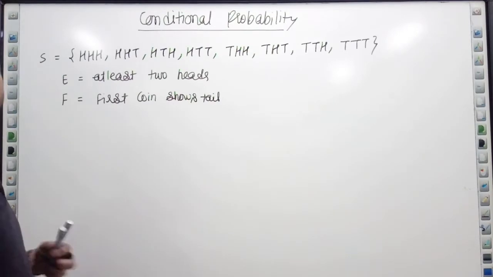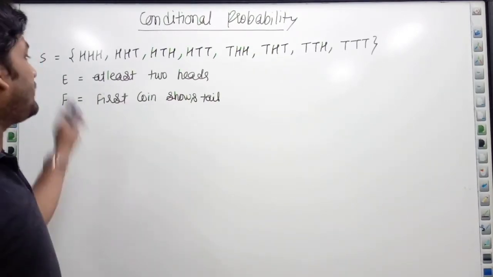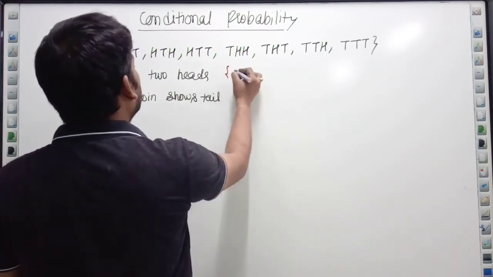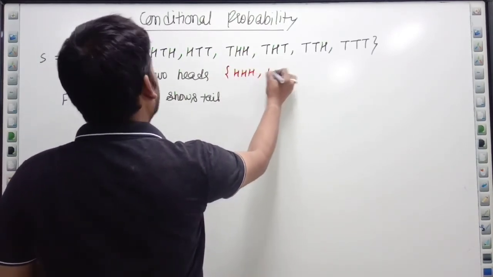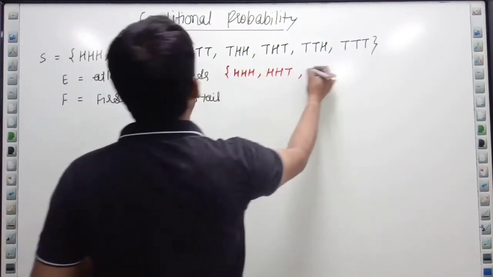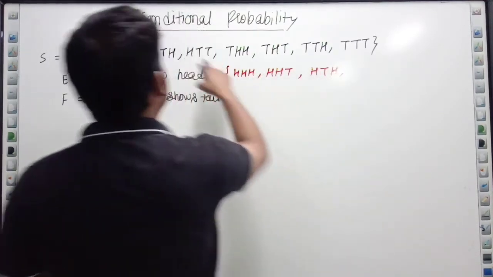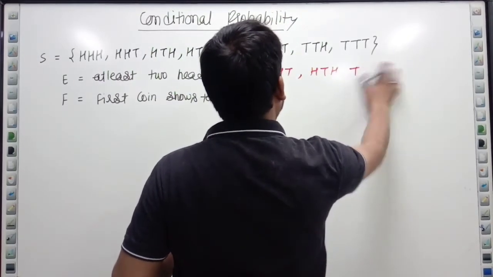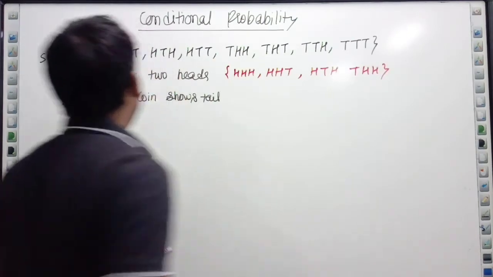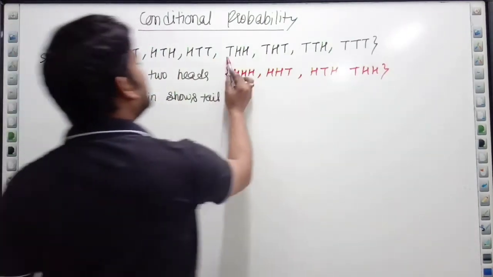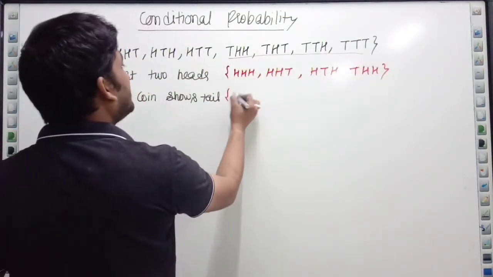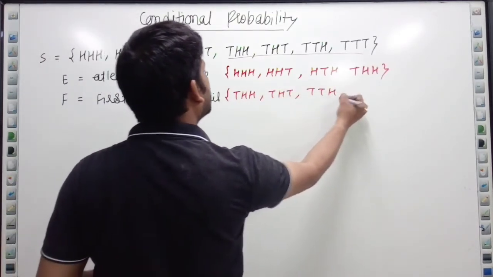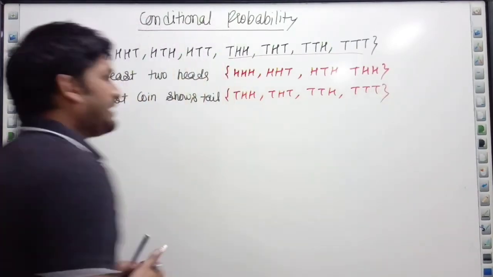Now if I write the favorable sample points for at least two heads, I will have HHH, HHT, HTH, THH. For the first coin showing tail, these four outcomes: THH, THT, TTH, TTT, right?